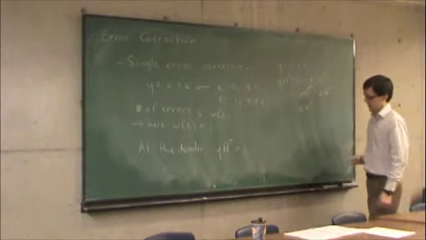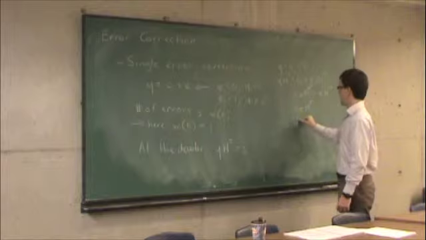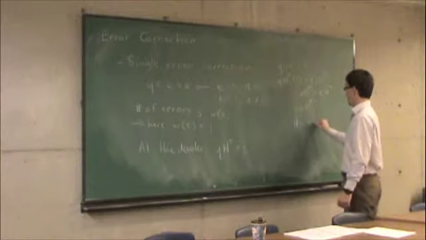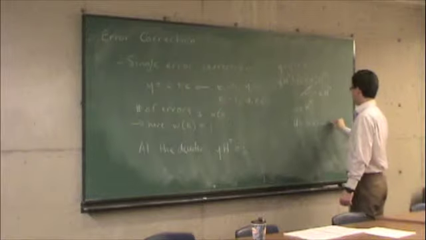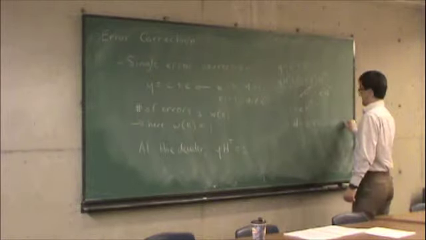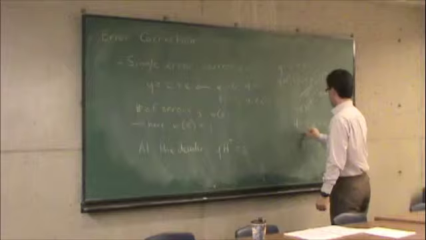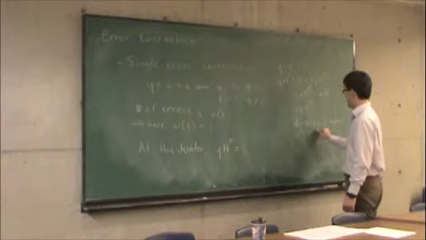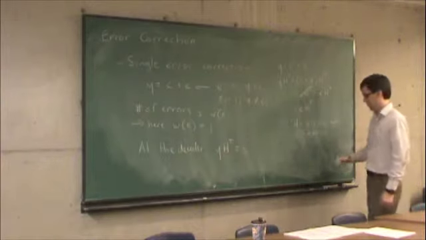So let's think a little bit about H transpose. H is an n minus k by n matrix. So H transpose, I basically flip the dimensions. H transpose is an n by n minus k matrix, n rows, n minus k columns. And E is a 1 by n vector.